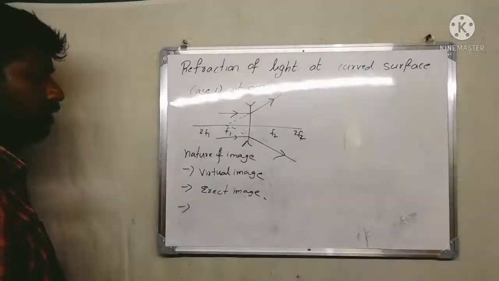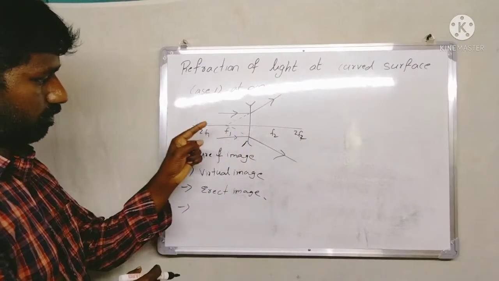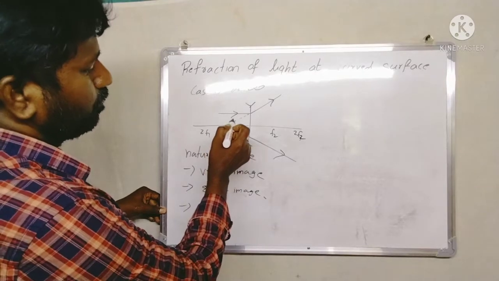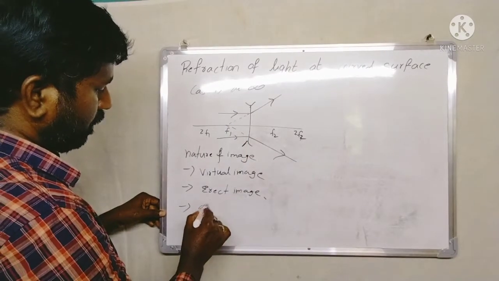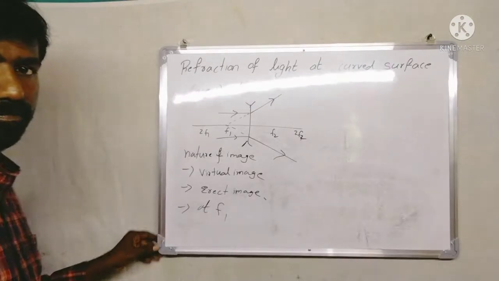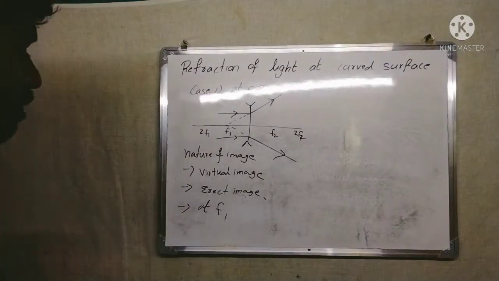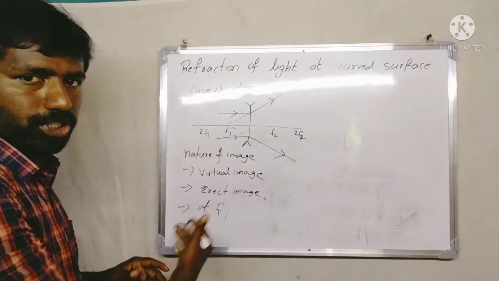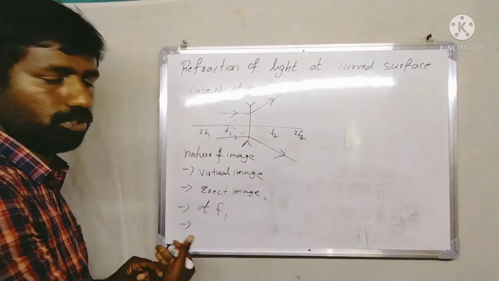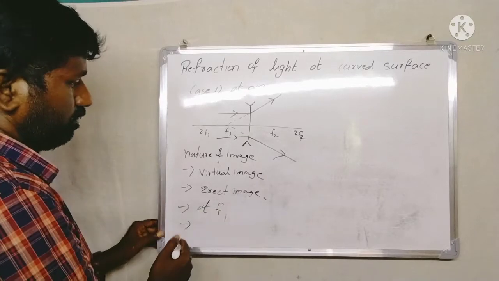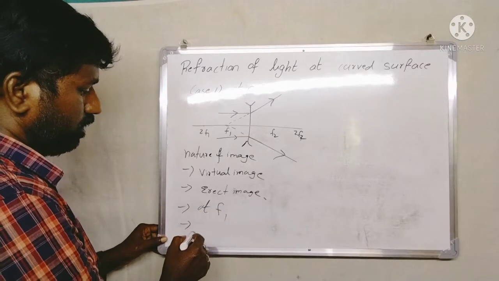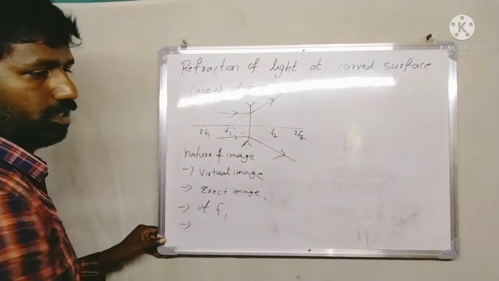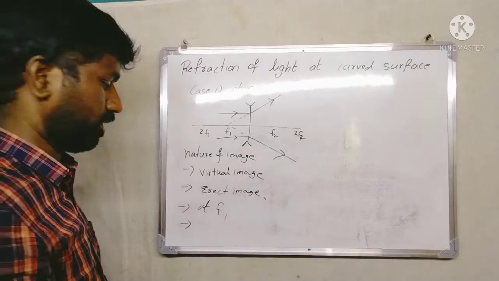And the next one, where is the position of the image? We got the image at F1. Image position is at F1, and on the same side as the object. Whichever side you keep the object, on the same side you will get the image. So inside the lens only, that we can see with the naked eye. If you are here, then you can see the image over here. It means inside the lens, we can write it.